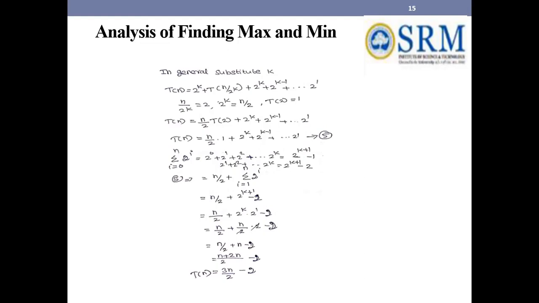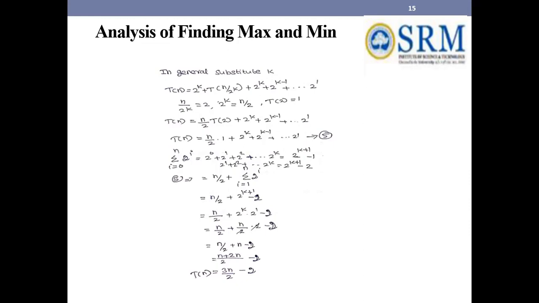So this can be written as a sum of series: T of n is equal to n by 2 plus 2 power k minus 1 plus 2 power 1. So this is the fifth equation. So we are going to apply one term, sigma i equal to 0 to n of 2 power i. Sigma represents continuous addition.